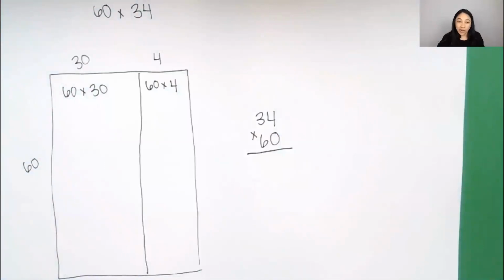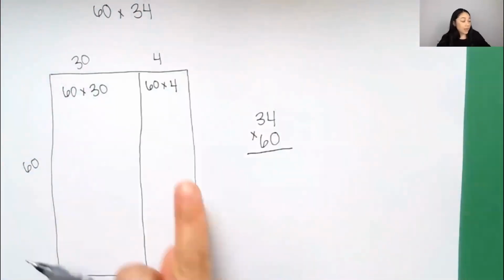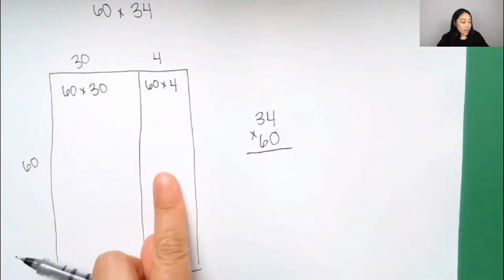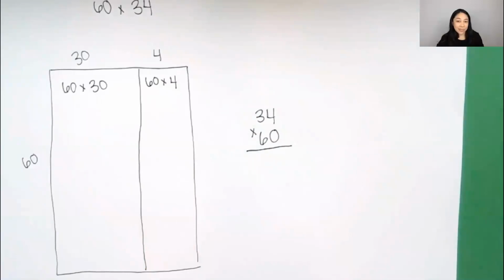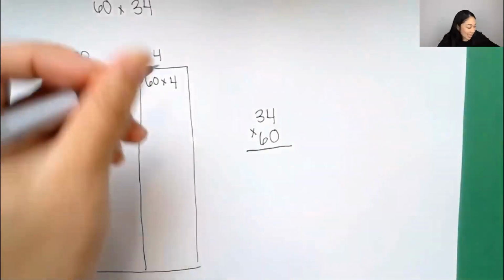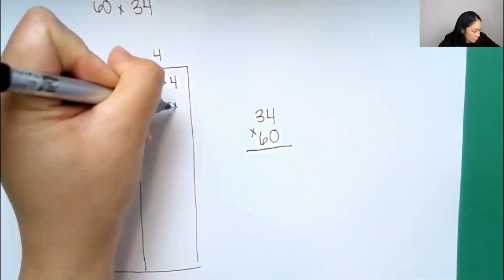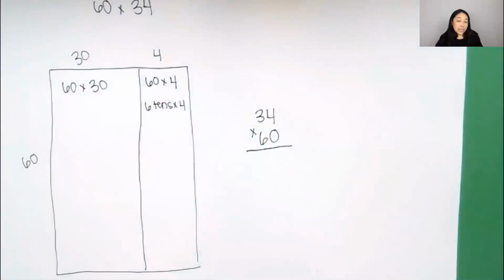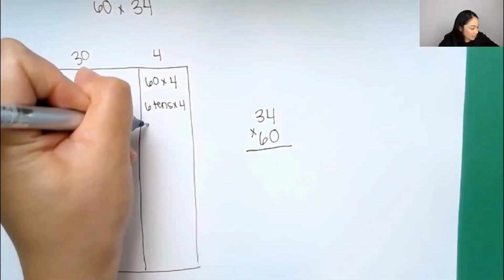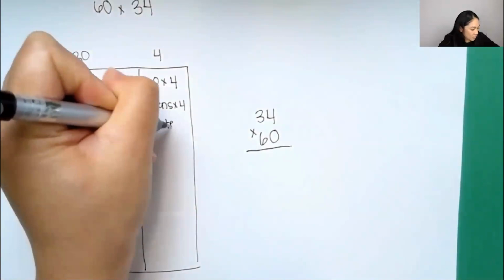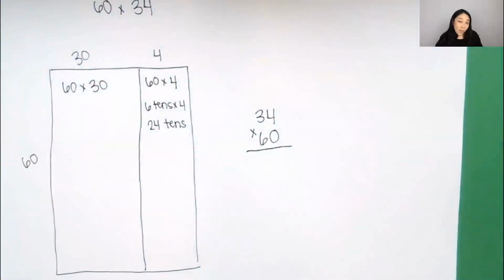Let's now record the partial products, beginning with the area of the smaller rectangle. 60 times 4 in unit form is 6 tens times 4. 6 tens times 4 equals 24 tens, or 240.